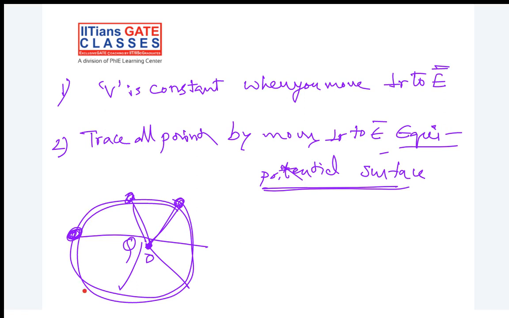Indirectly, when you are at any point on the equipotential surface, you are at equal distance from the source. It is called a symmetrical surface. So when you move on an equipotential surface, you are always at an equal distance from the source. Is the concept clear? Yes. Yeah.